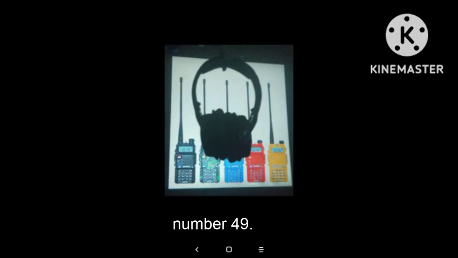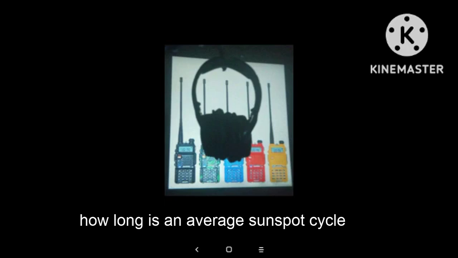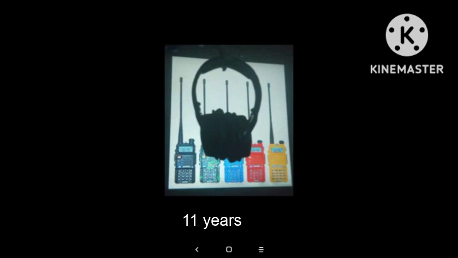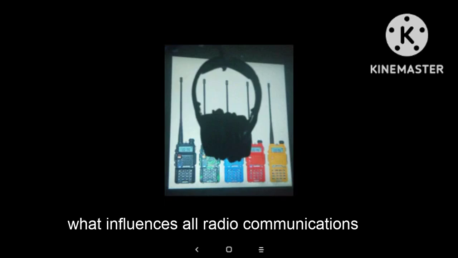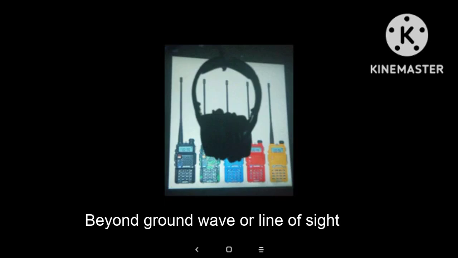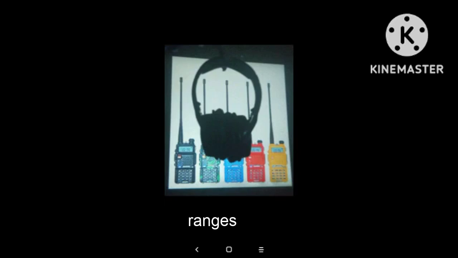Number 49. How long is an average sunspot cycle? 11 years. Number 50. What influences all radio communications beyond ground wave or line of sight ranges? Solar activity. Number 51.